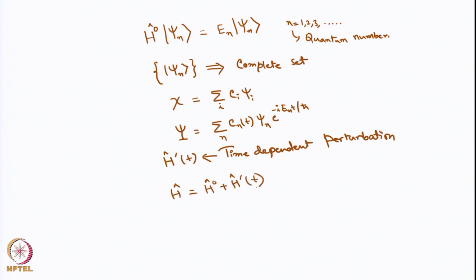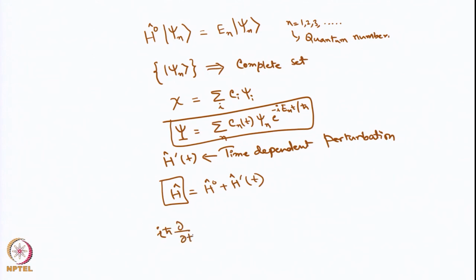So when I know the total wave function psi and H, I can solve or attempt to solve the time dependent Schrodinger equation, which is nothing but i h bar d by dt of psi is equal to H psi.